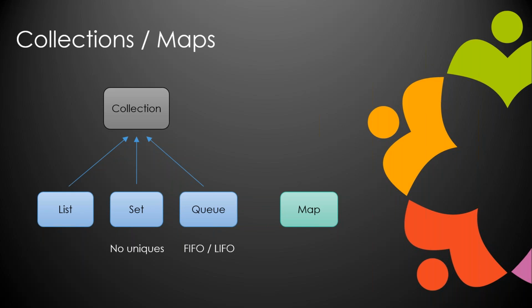Maps are completely separate. They have keys and values. Lists, sets, queues, all of those collection types can only contain a single value for each element.